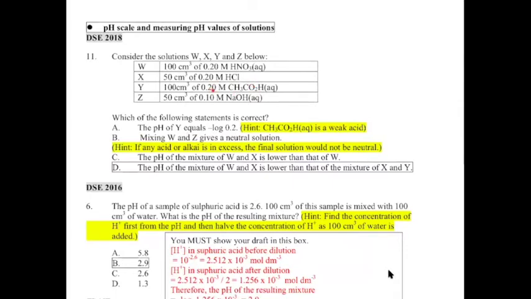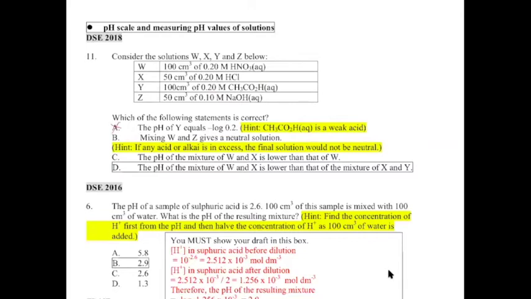So although it's monobasic, since it cannot completely ionize, it will only have a small amount of hydrogen ions, much less than 0.2 molar. So the pH will be much higher than minus log of 0.2. So A should be wrong.